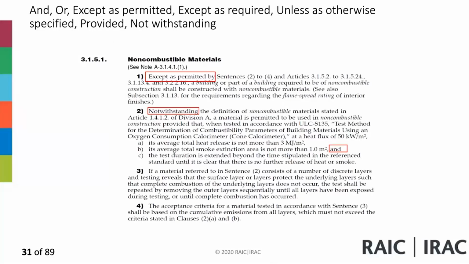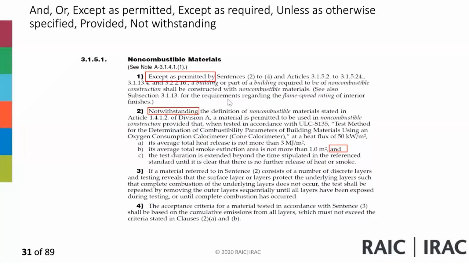Except as permitted. Here we're looking at the combustible material provisions in Article 3.1.5.1, and you see there is a note associated with it. Except as permitted in Sentences 2 to 4 and Articles 3.1.5.2 to 3.1.5.24, 3.1.3.4, and 3.2.2.16, a building or part of a building required to be of non-combustible construction shall be constructed with non-combustible materials.